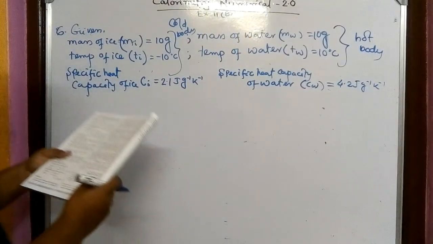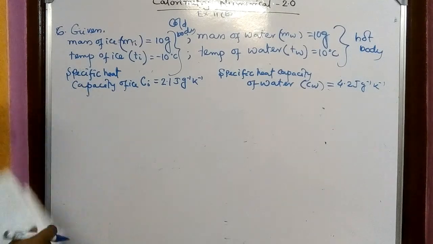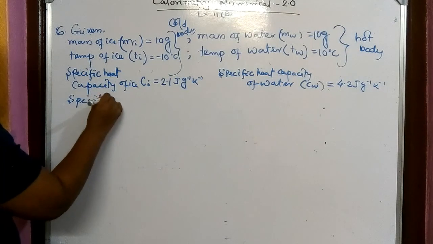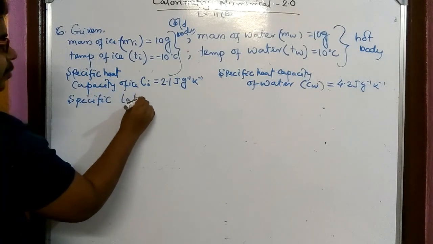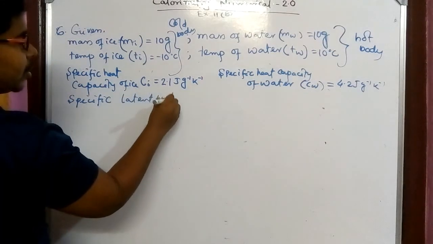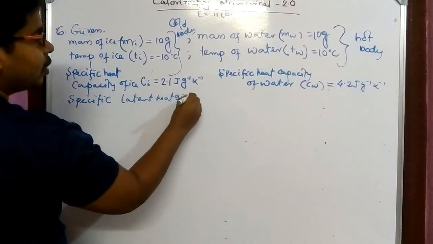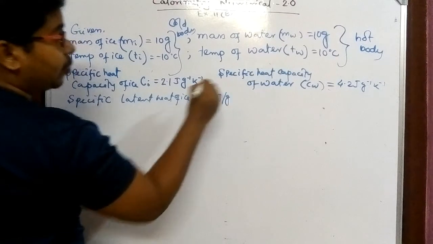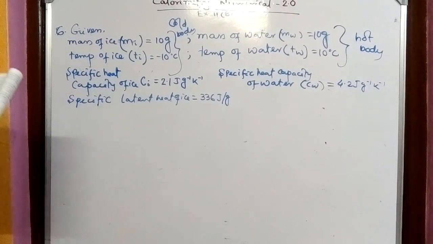One extra thing is given here, that is specific latent heat of ice, that is 336 joule per gram. Many more things are given.